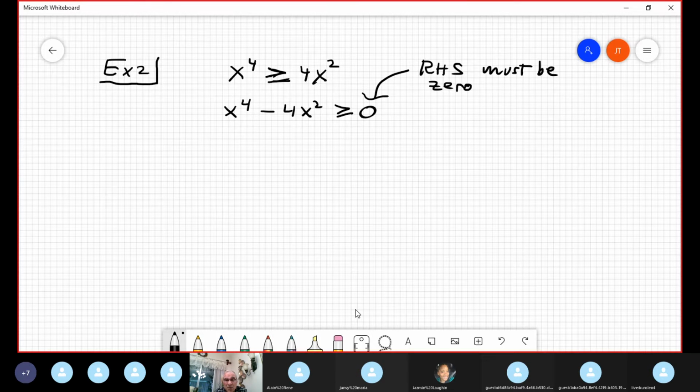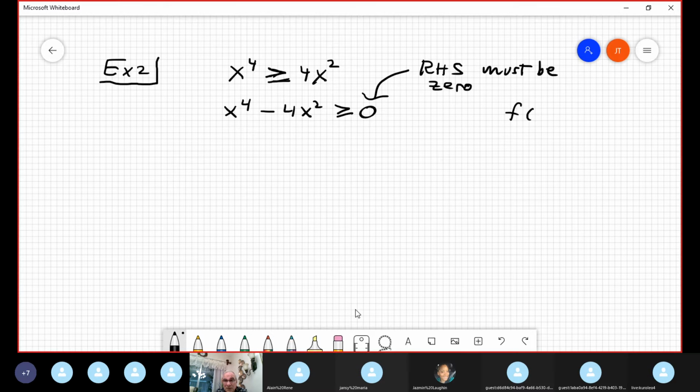Why is it extremely important? Because the comparison that we do in the table, plus, minus, plus, minus, is with respect to 0. You say it's positive or it's negative. So any problem we solve, you need to manipulate it so the right-hand side is 0.